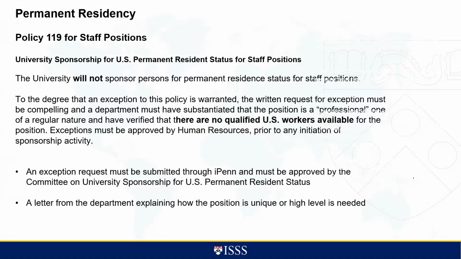Our system will direct your e-form or request to the HR or PR review committee, and they will decide whether this position qualifies for an exception. If it qualifies, they will approve it, the case will be sent back to us, and we will start the real process. Okay, next slide.